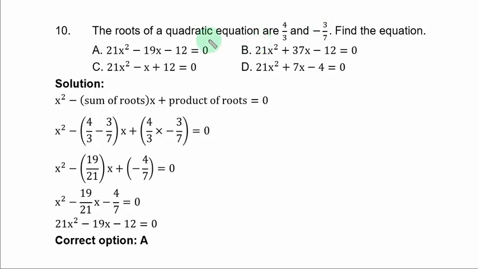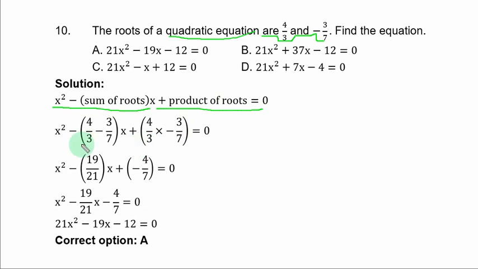Question 10. The roots of a quadratic equation are 4 over 3 and minus 3 over 7. Find the equation. To find such equation, you can use this simple rule. s squared minus sum of roots times s plus product of roots equal to 0.